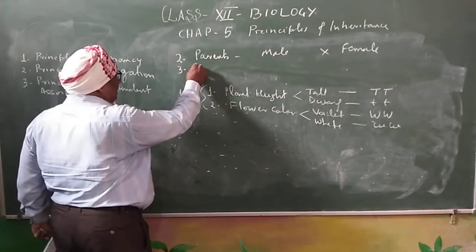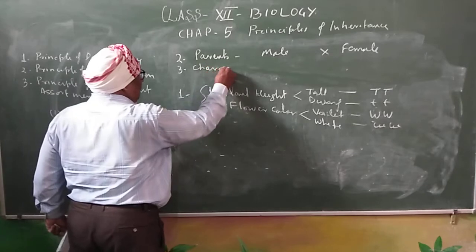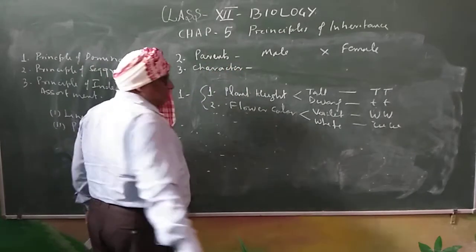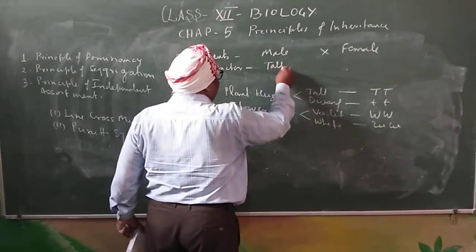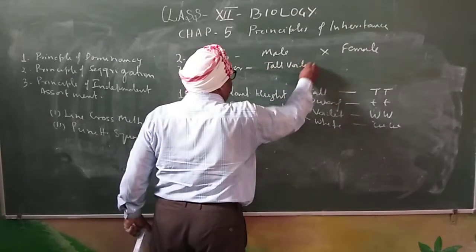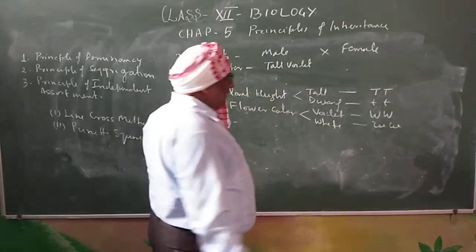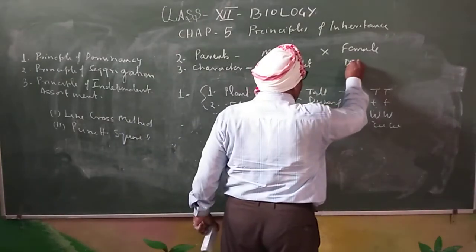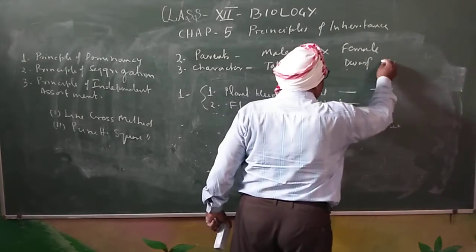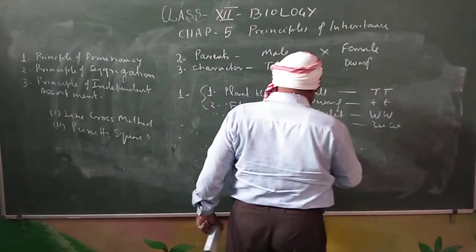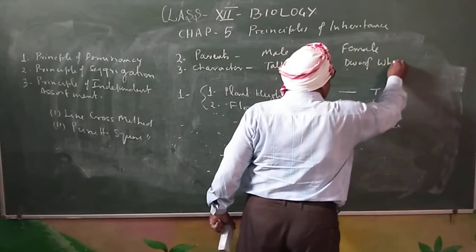Now third point, what are the characters parent have? The parent male may have a tall height with violet flowers, while a female parent may have a dwarf height with white flowers.